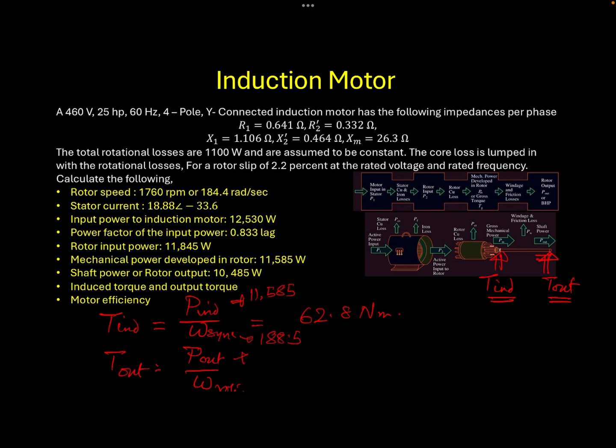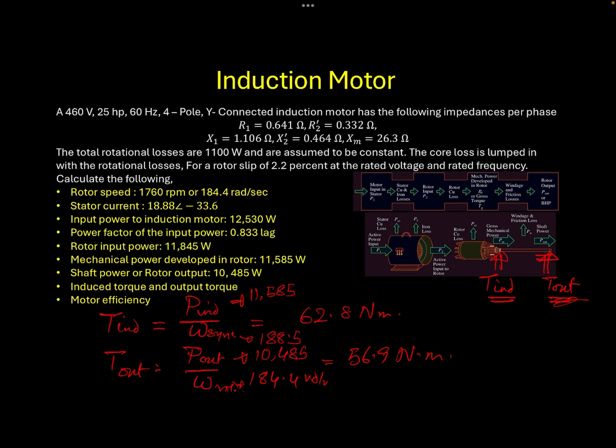Similarly, the power output that we ultimately got is 10,485, and the value of omega for the rotor is 184.4 radians per second. If you substitute these two numbers, we get 56.9 Newton meters. So these are the values of the torque induced and the total torque output from the motor.